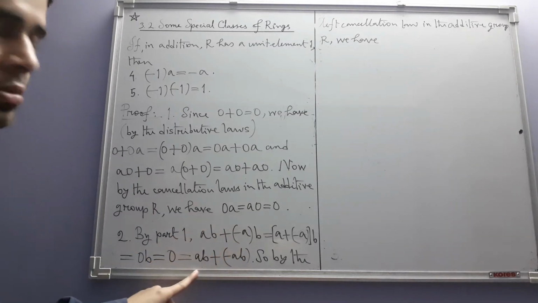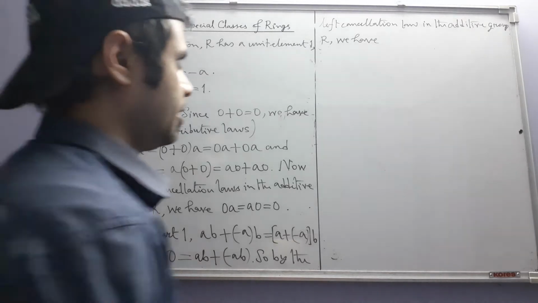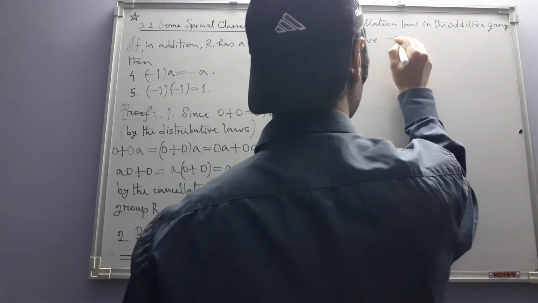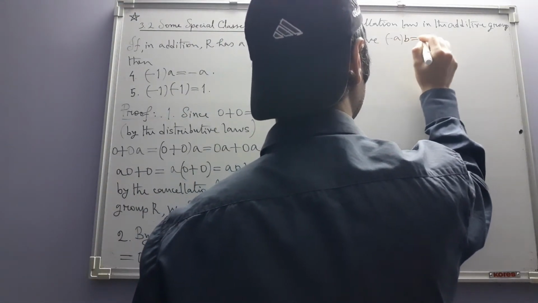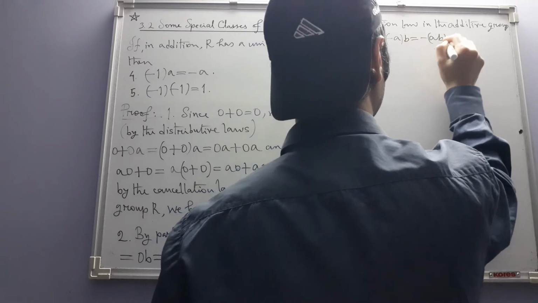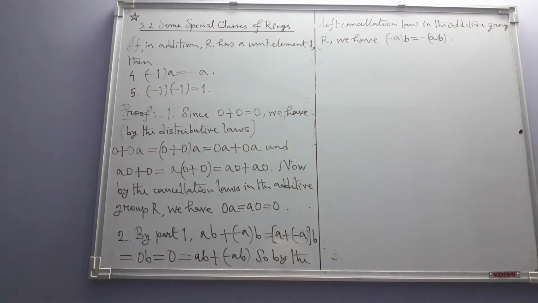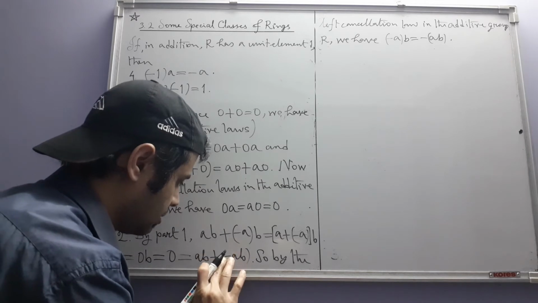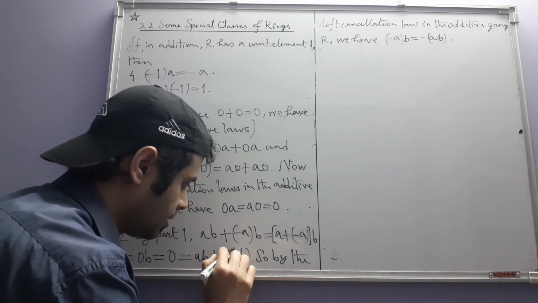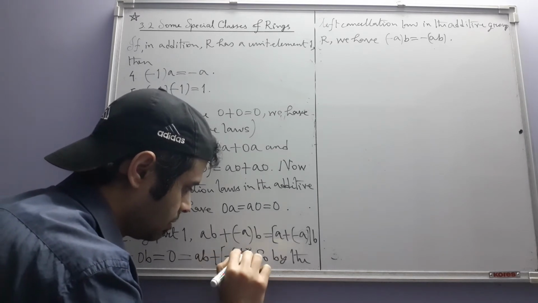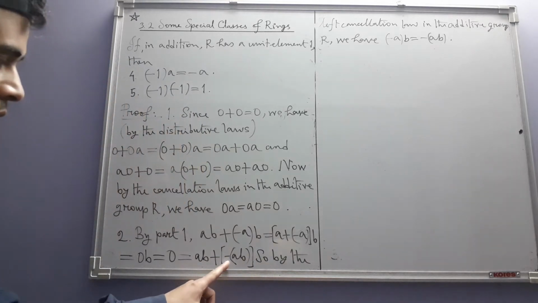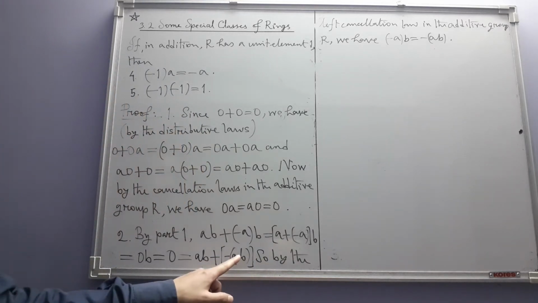So we cancel AB from both sides, and we have this: minus A times B is equal to minus AB. I should carefully use brackets here. What is the meaning of this? This is the additive identity of the element AB.